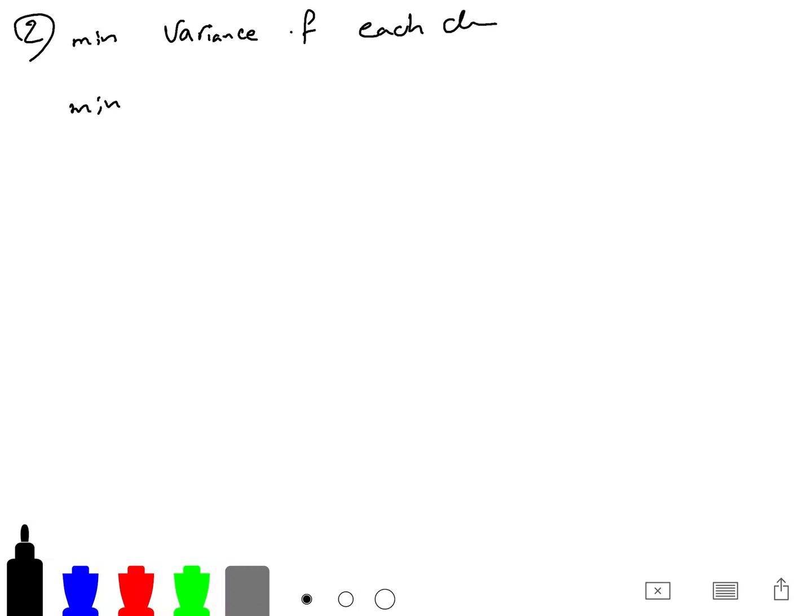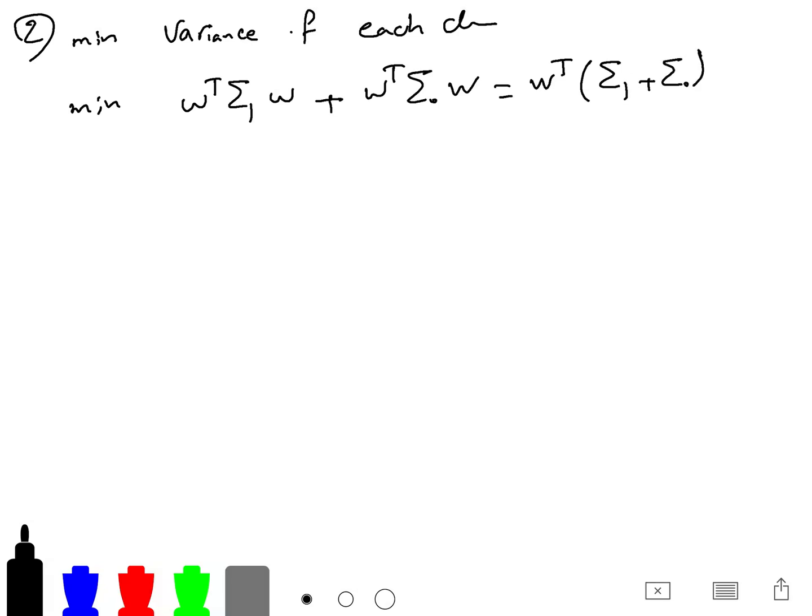So we want to minimize the variance of class 1, which is this one, plus the variance of class 0, which is this one. So you can summarize it like this: sigma 1 plus sigma 0, these are the covariances. And we define this as SW. W stands for within class variance.